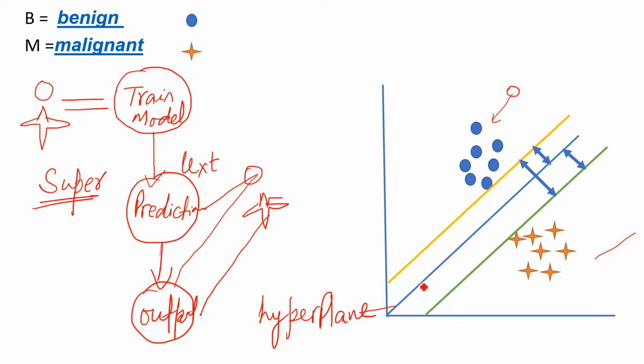Right, then after making this hyperplane we have to make two more lines, which are called the decision boundaries. Now the question is, how did I make these two lines and what is the purpose of these lines? First of all, we will consider this set, the benign set. When we consider the benign set, these are our opponent cells.